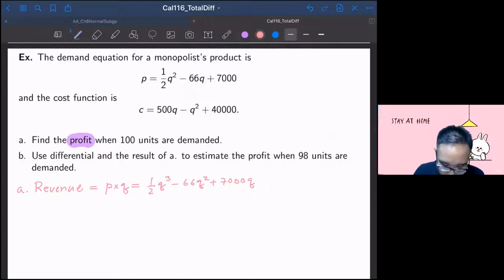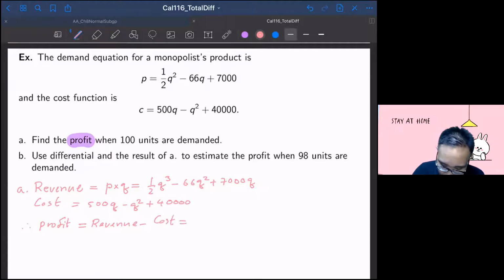Okay, and you have the cost function given by 500Q minus Q squared plus 40,000. So you would get the profit.